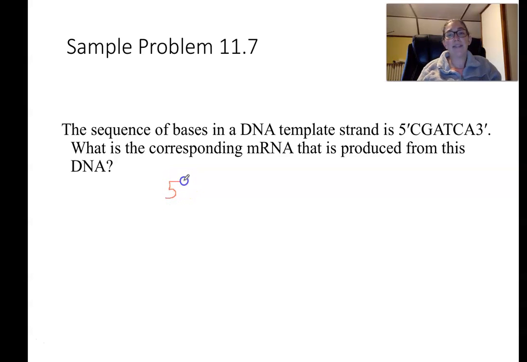So this is the template strand, the one that we are going to be making a complementary sequence to. So if this is the DNA sequence, what would the complementary RNA sequence be?